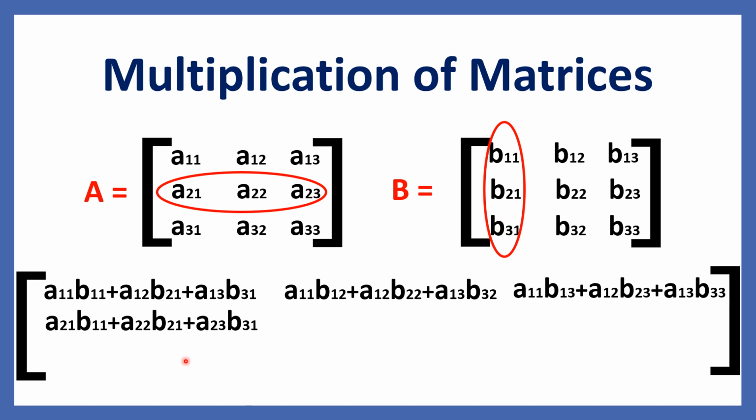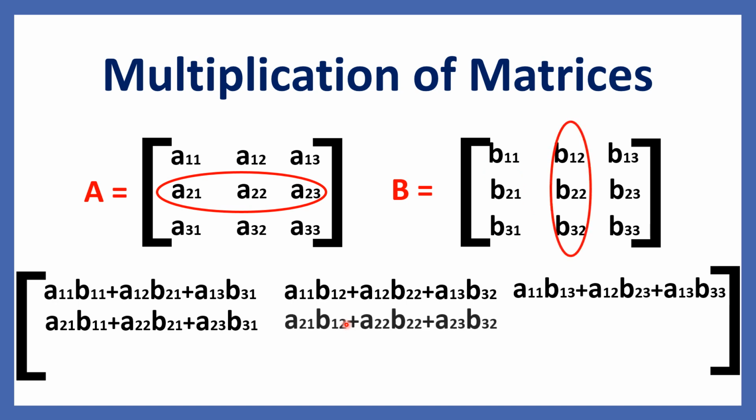Thus, we get this value or the element that lies in the A21 position. Now, to get the next value, we have to consider the next column in the second matrix. Thus, we get the values as A21 into B12 plus A22 into B22 plus A23 into B32.